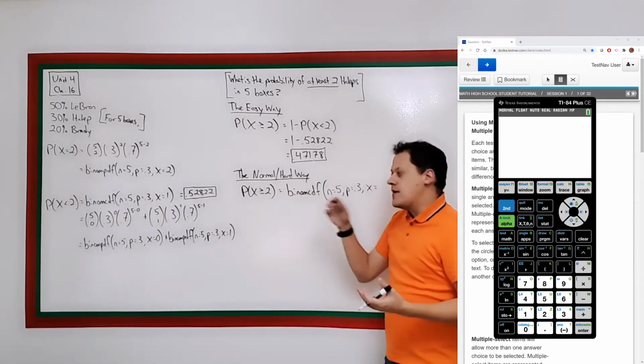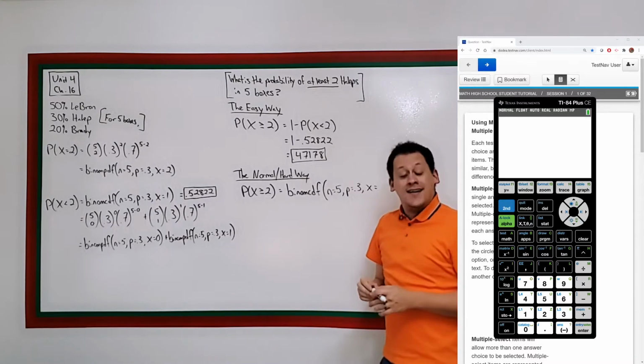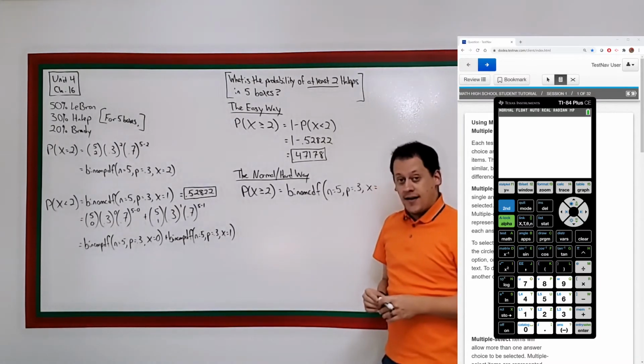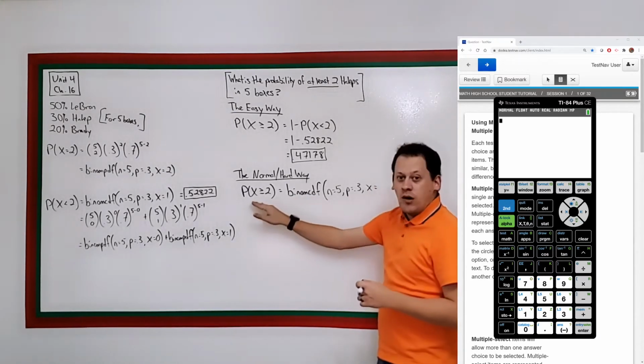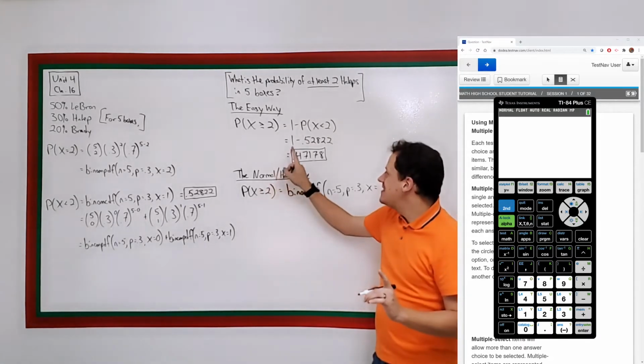So what are we going to do here? Well, this is why the calculator is stupid. Binomcdf only works that way. We're not going to be able to use it like this to calculate this probability. What we need to do instead is think about this.